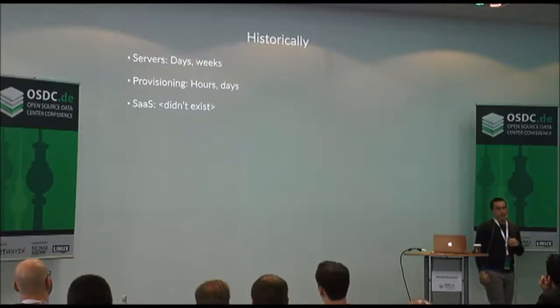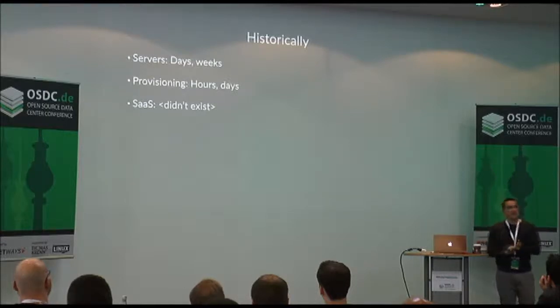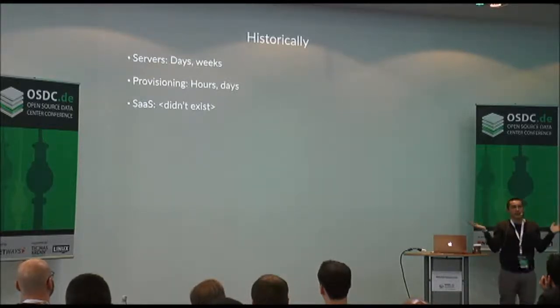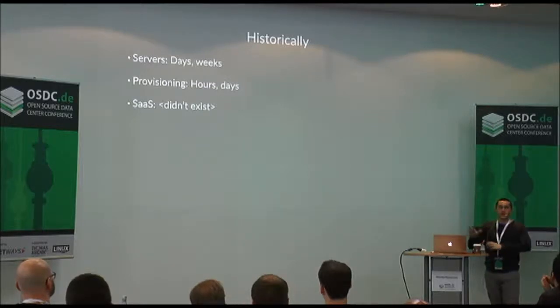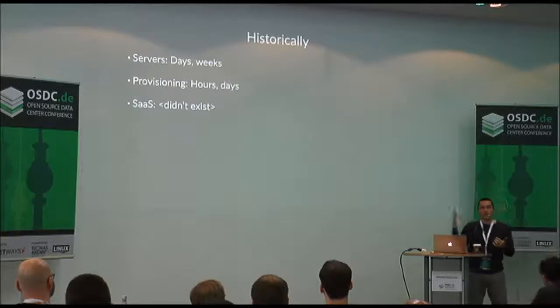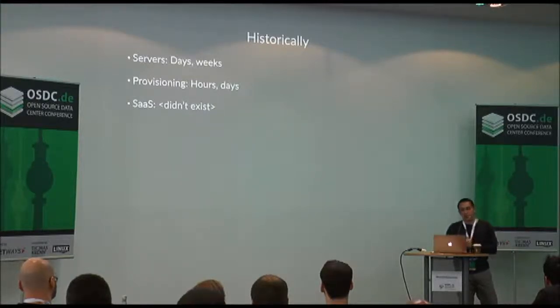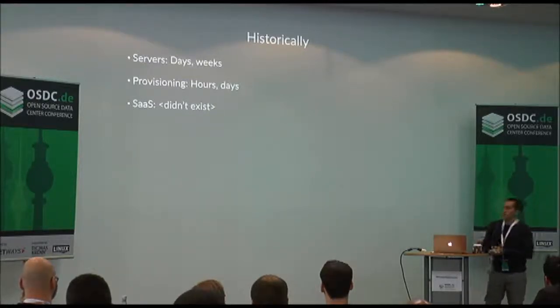Historically, acquisition has taken a long time. Provisioning has taken a little bit less, but still a long time. And we could assume SaaS doesn't exist in terms of this history. And that's where we came from. Acquisition, getting a server, was ordering from a vendor, or if you pipeline the orders really well, it's waiting for them to get racked up, plugged in, ready to be provisioned. That sort of thing was slow.